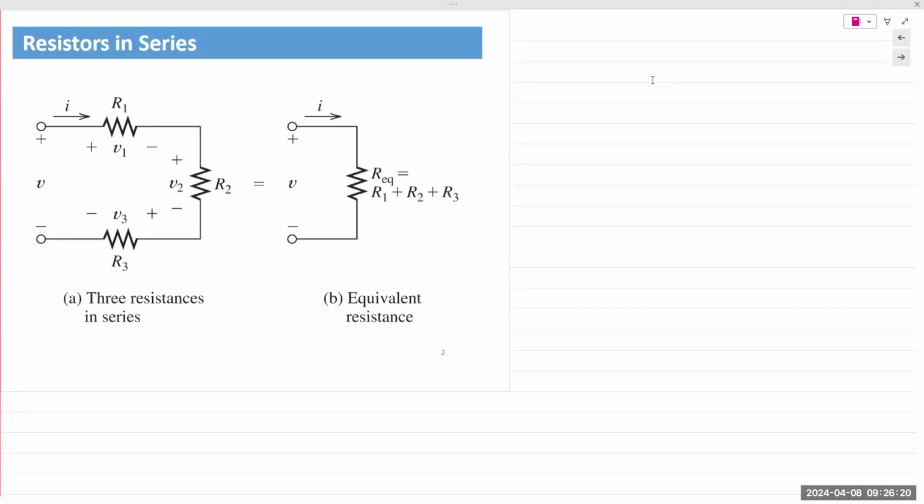a node is where two or more connections come together, right? Electrical junction. If a junction has only two components connected to it, then those two components are said to be in series. There cannot be more than two connections at a single node. So in this case, we have a connection here and a connection here. So in order for a series connection to be valid, you cannot have any more than two.